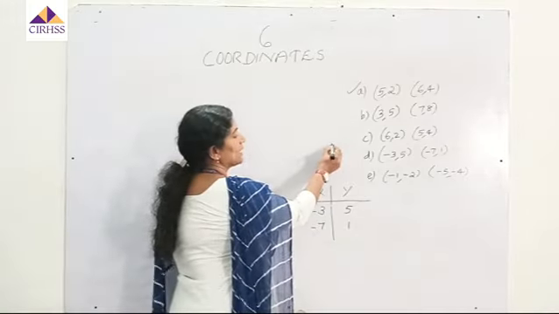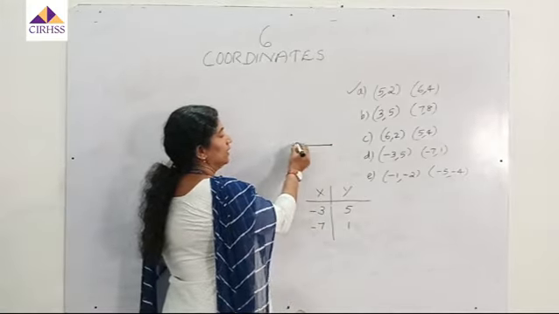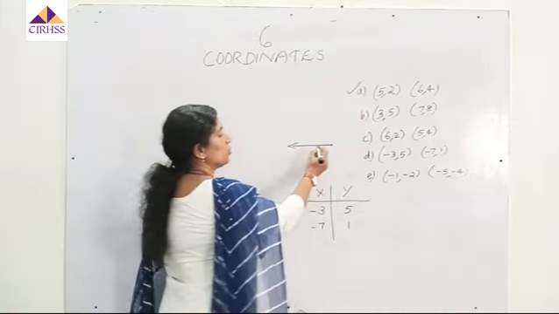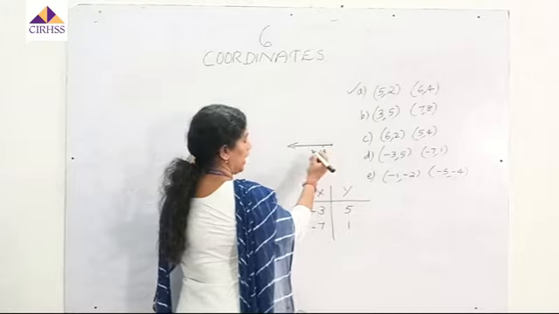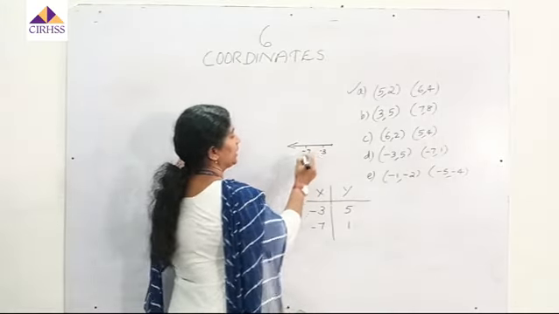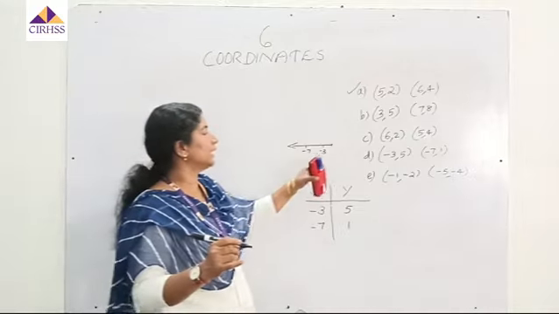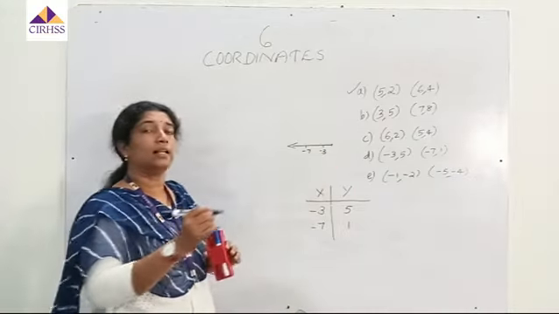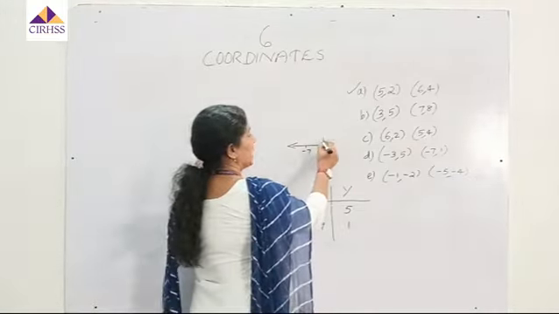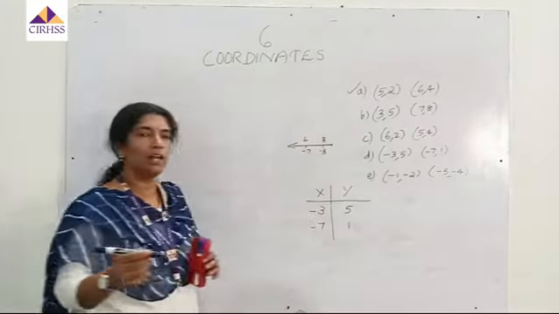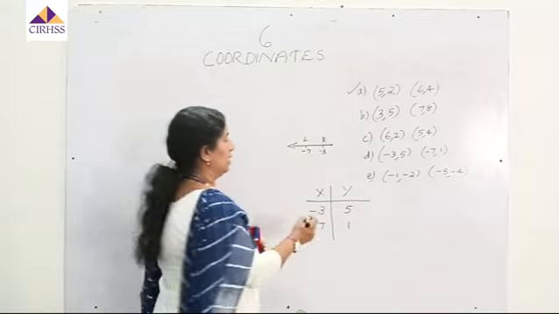We know that in the x-axis the negative direction is left. That is, first one negative 3 and negative 7. Negative 3 is in the right place and negative 7 is in the left place.